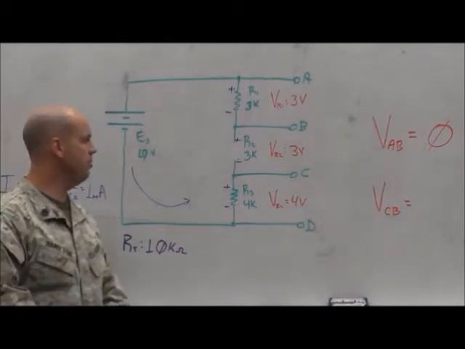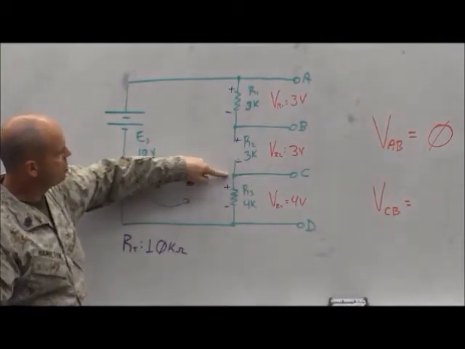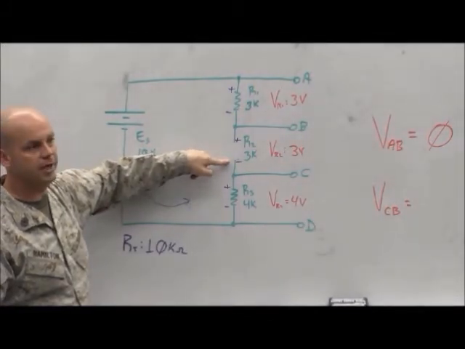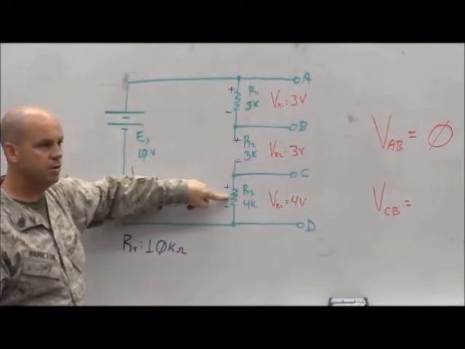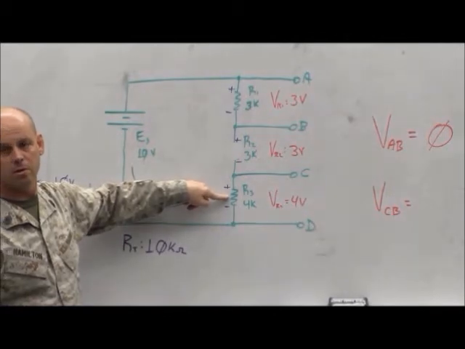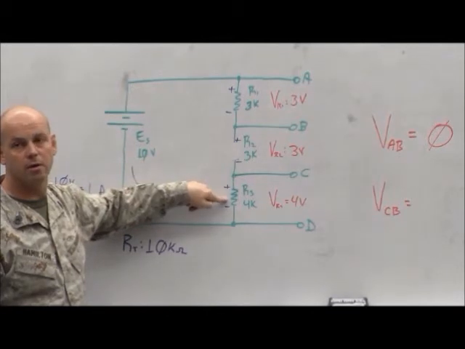Let's go C to B. We go out of C, we hit the node. Which way? Which way do you want to go? Up. There's an open. Can't go any further. Let's go down. Okay, did we hit any voltage here? What did we hit? 4 volts? Is it 4 volts still? This is open, no current.